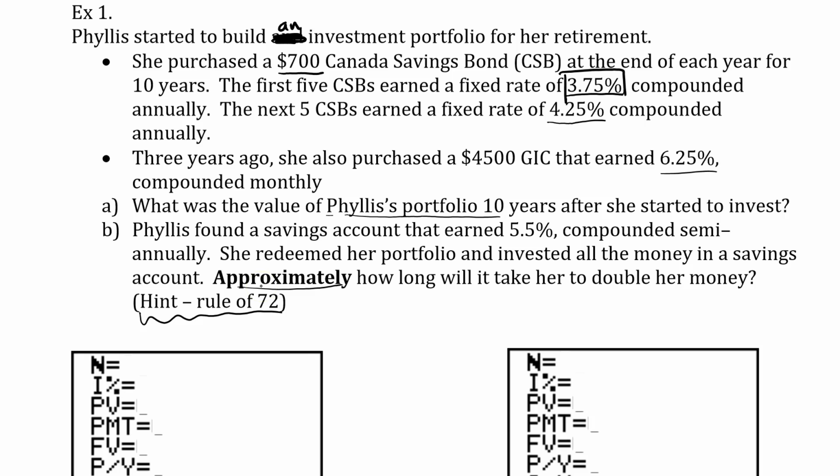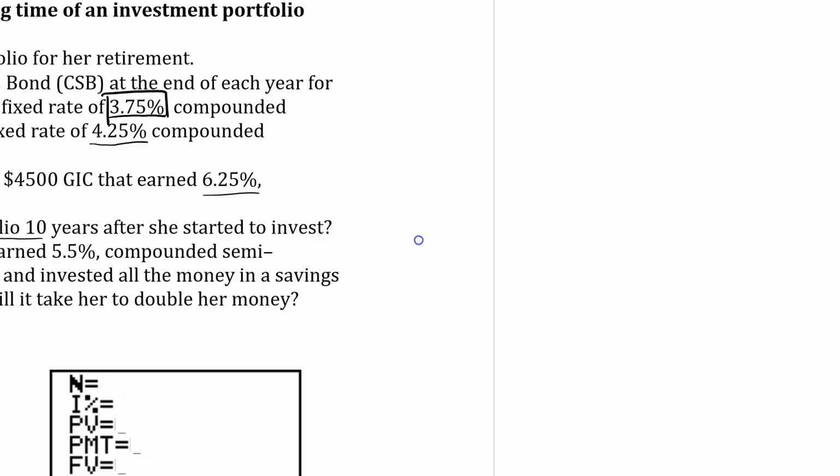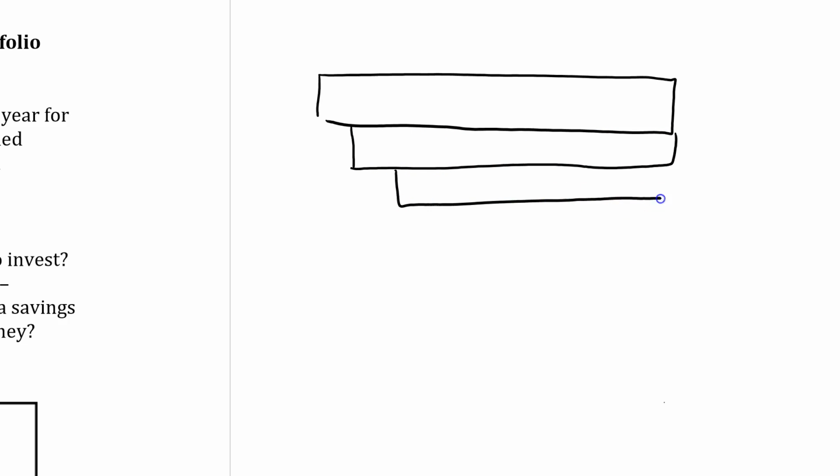Okay, so I just want to move off to the side here just to think about our Canada Savings Bonds. This is the first one, this is the second one, this is the third one, this is the fourth one, and this is the 5th one.